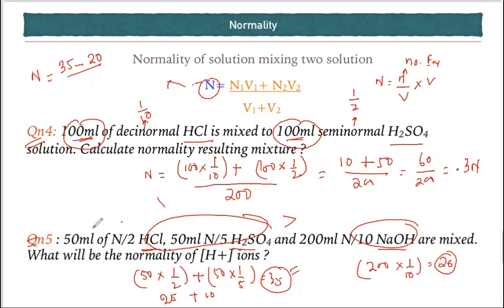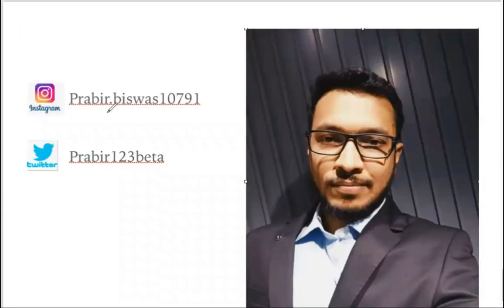What is the total volume of the solution? This one is 50 milliliter, this one is 50 milliliter, this one is 200 milliliter. So 50 plus 50, 100 plus 200, this one is 300. Okay, so this will be 15 by 300. What is the answer for 15 by 300? That is 0.05 normal.